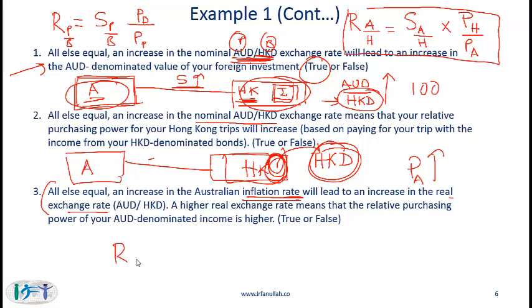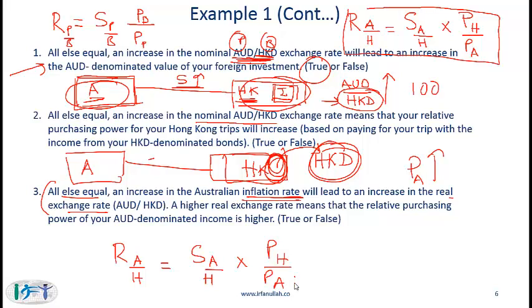The real exchange rate, Australian dollar over Hong Kong dollar, is equal to the spot exchange rate, Australian over Hong Kong, multiplied by the price level in Hong Kong over the price level in Australia. We are told that all else is equal. The only thing that has gone up is the Australian inflation rate.